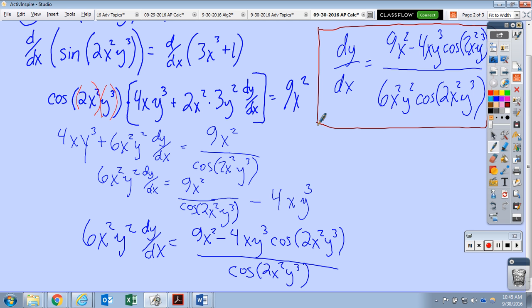For numbers 13 and 14, what you would want to do is just take the derivative again. Sometimes if you can get y written explicitly from the given equation, then you would plug that into y.